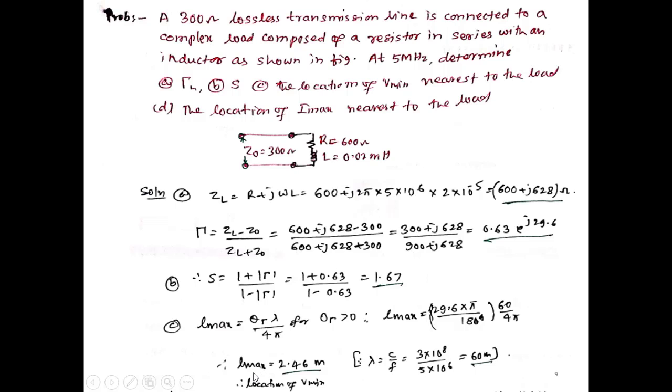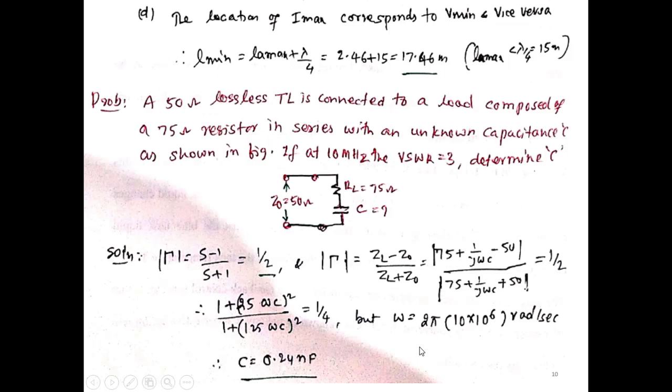If we simplify this, we will get L maximum is equal to 2.46 meter. That is the location of V minimum, and the location of I maximum corresponds to V minimum and vice versa. Therefore, L minimum is equal to L maximum plus lambda by 4. This is equal to 2.46 plus 15, which is equal to 17.46 meter.